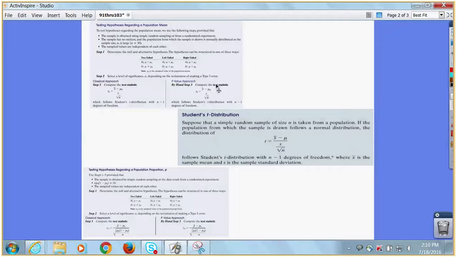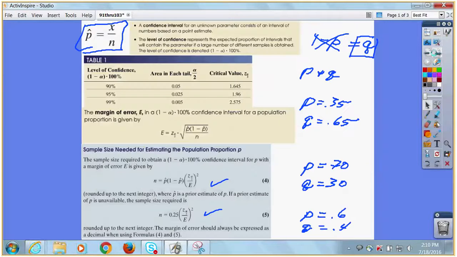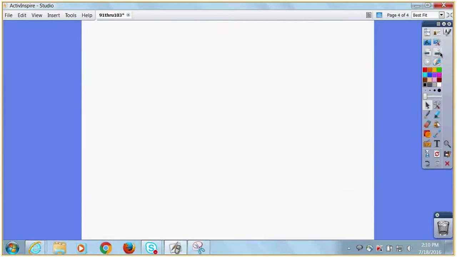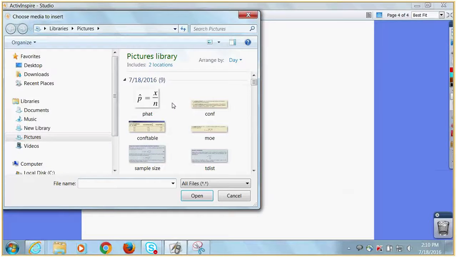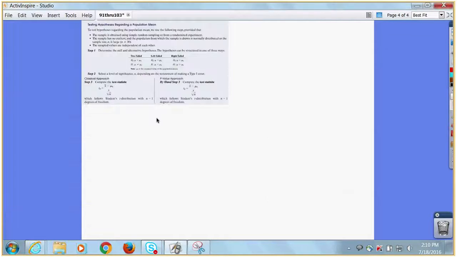I'm going to go right over here and I'm going to pull up, give me a second. I'll try to pull this up so you can see it a little bit better.